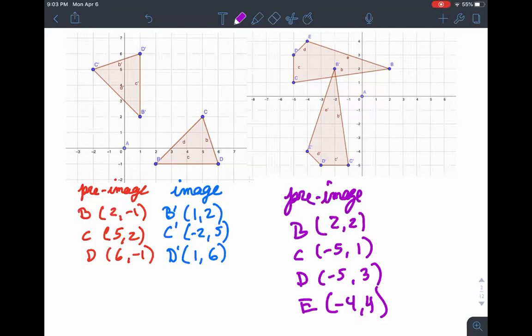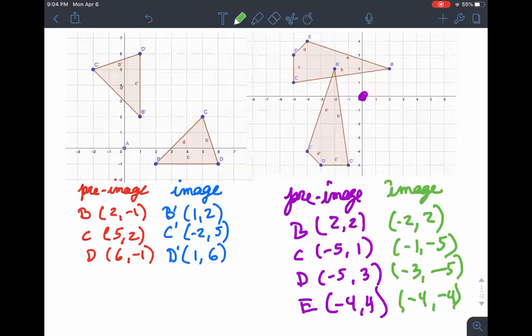Remember, this is a 90-degree rotation, which is counterclockwise around the origin, which is point A in this case. So take a look right there. It's around that point. Now I'm going to give you the coordinates of the image. Okay, and now here are the points of the image. So B prime, C prime, D prime, and E prime, which you can see I didn't write in.